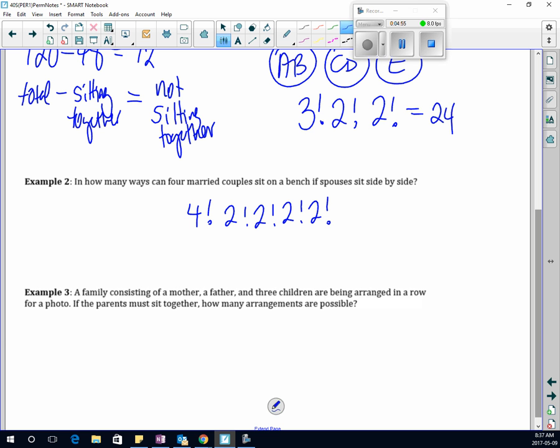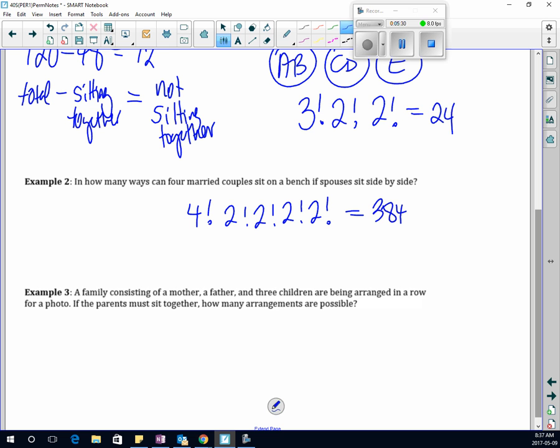Yeah, because the married couple can switch. The two spouses can switch. So what is that? Somebody needs a calculator for that. 2 times 2 is 4 times 2 is 8 times 2 is 16 times 24, 384. Okay, questions on that one?